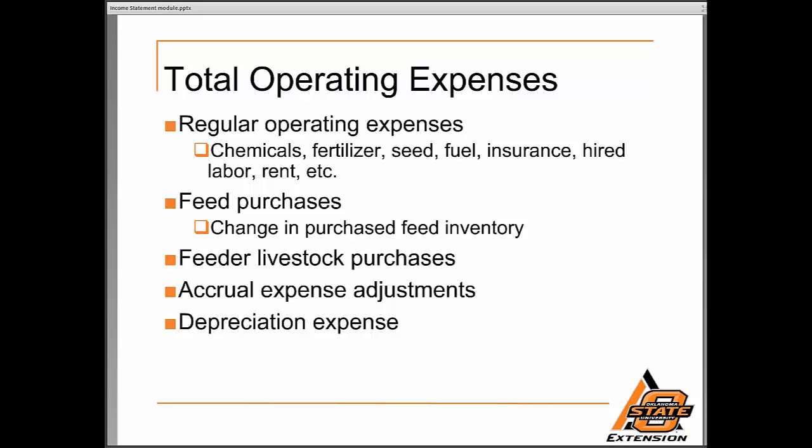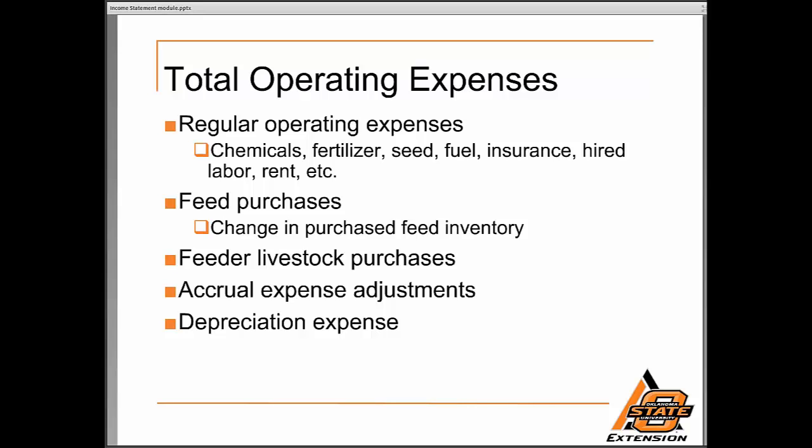These are the regular inputs to production that you purchase throughout the year. Hired labor is included in this category. This does not include a charge for your management expertise, but includes those wages you pay to people as hired laborers. Rent payments will also be included in this category.